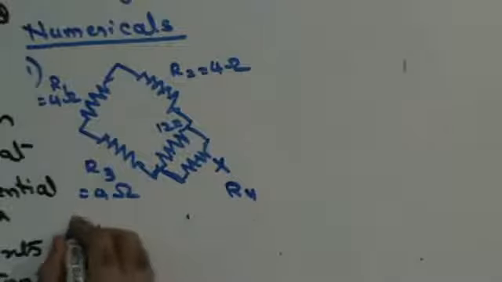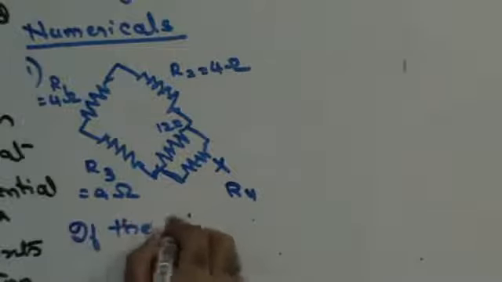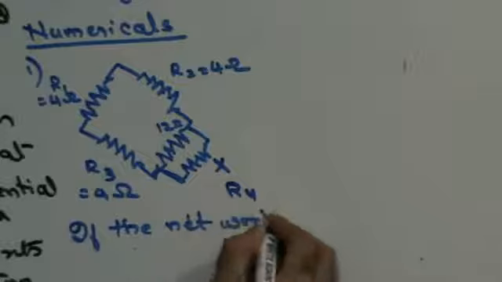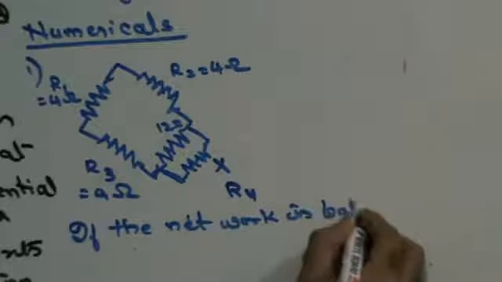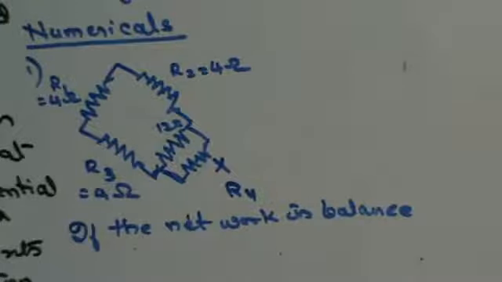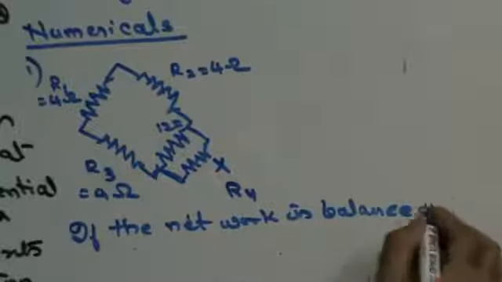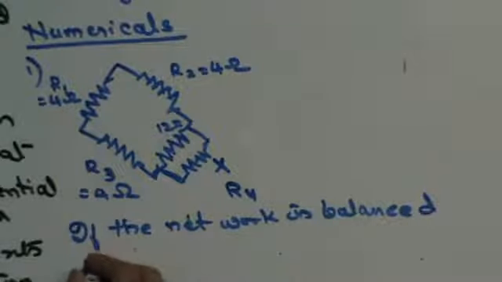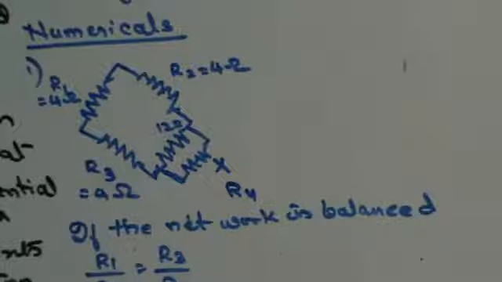Now guys, if the network is balanced, there is no current flowing through, so you need not show the current block. I only want to find out what is my balancing resistance. If the network is balanced, then R1 upon R2 will be R3 upon R4, that is 4 upon 4 will be 4 upon R4, right?